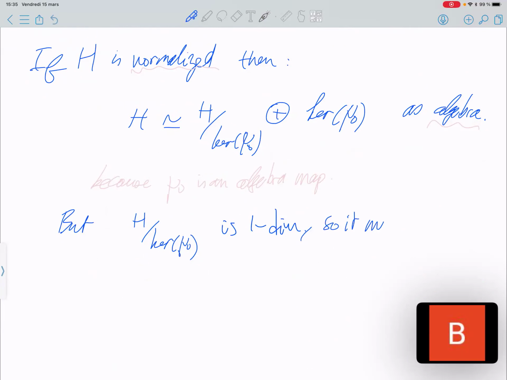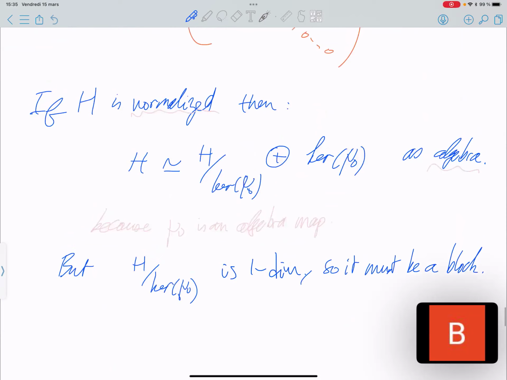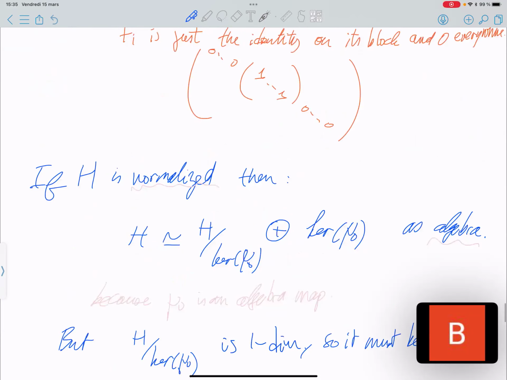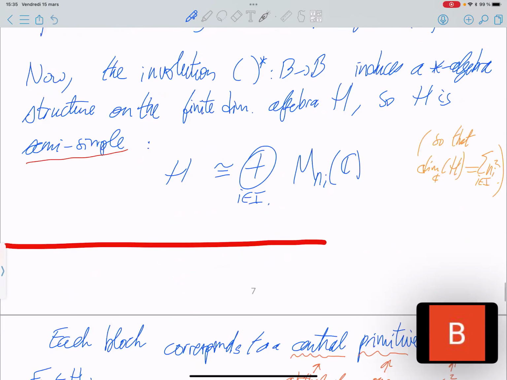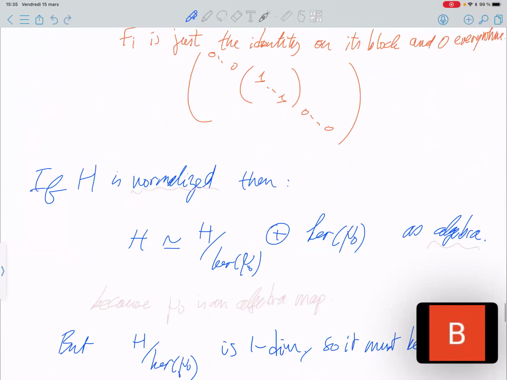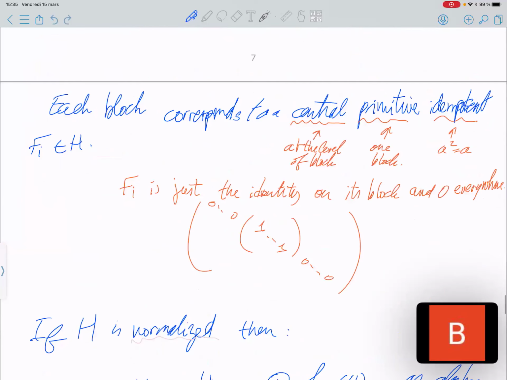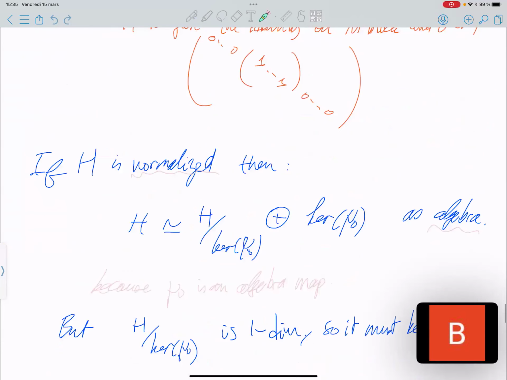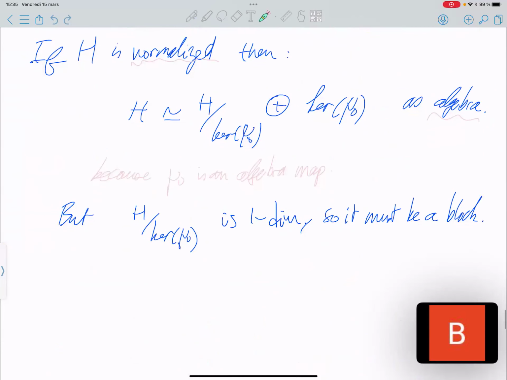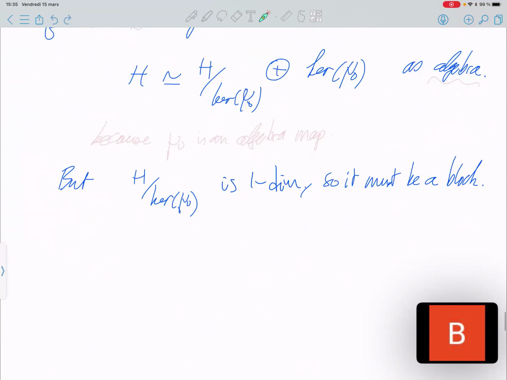You have something one-dimensional, so it cannot decompose into something smaller. So there should exist a coefficient I for this specific block, and we will choose I equals 0. It's a choice. But this is one-dimensional, so it must be a block.